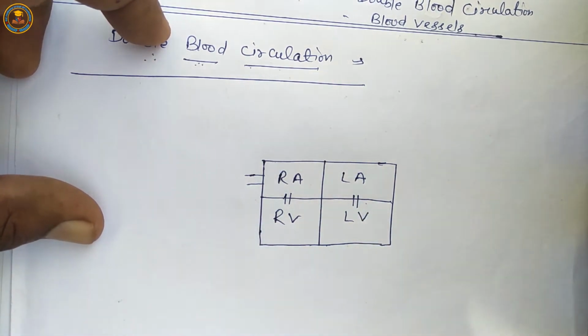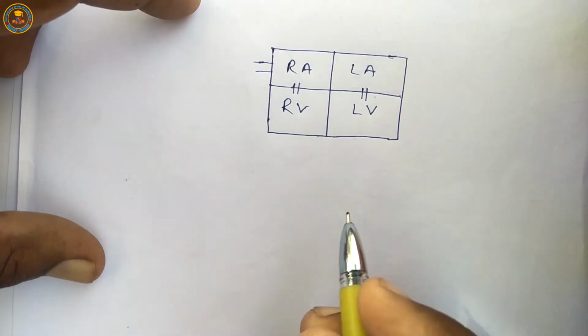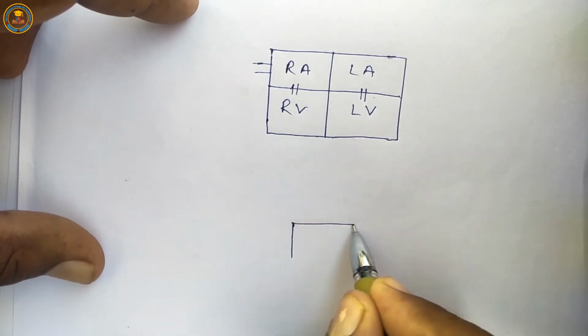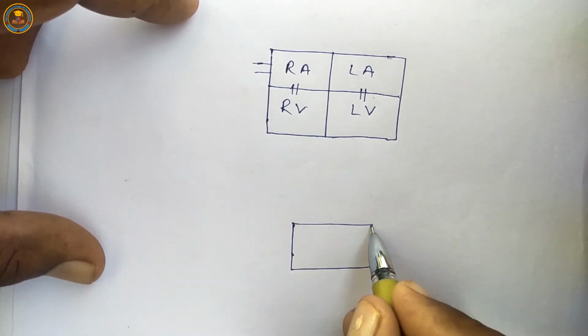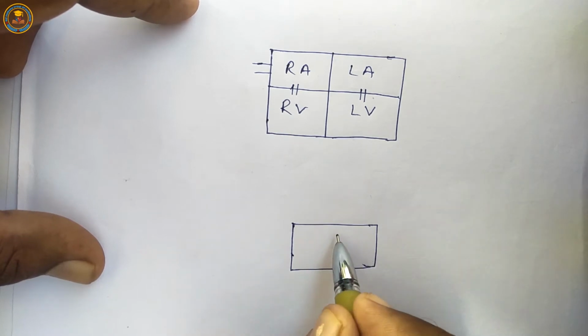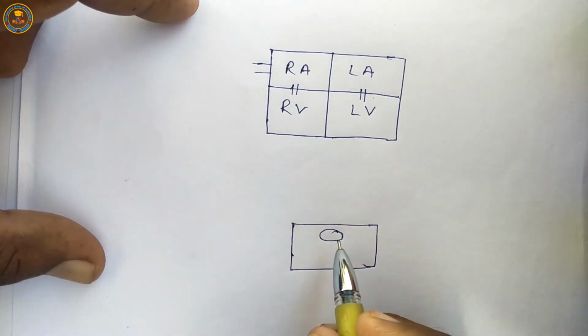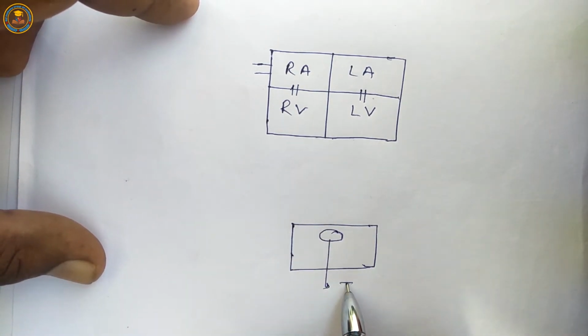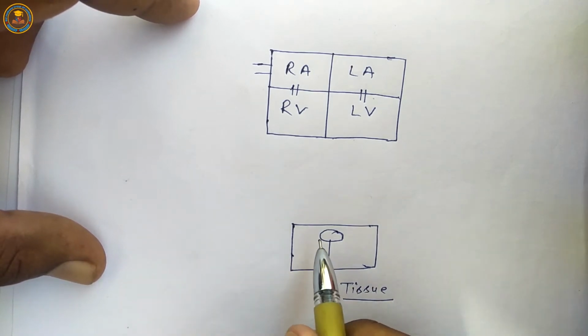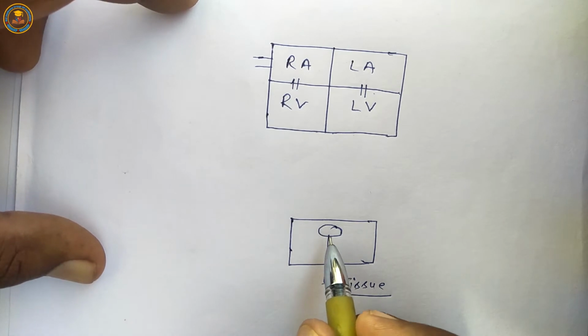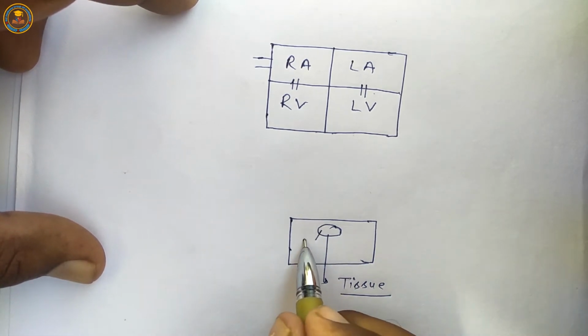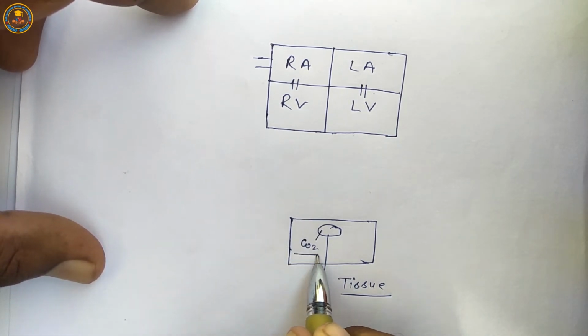So for example, human tissue during oxidation produces a maximum amount of CO2.